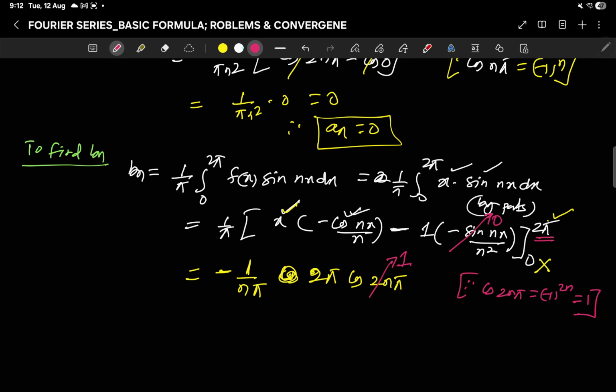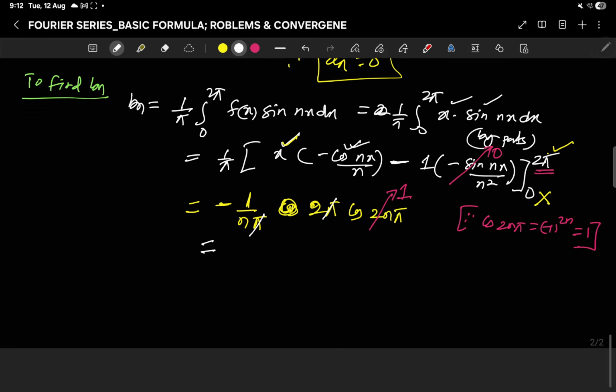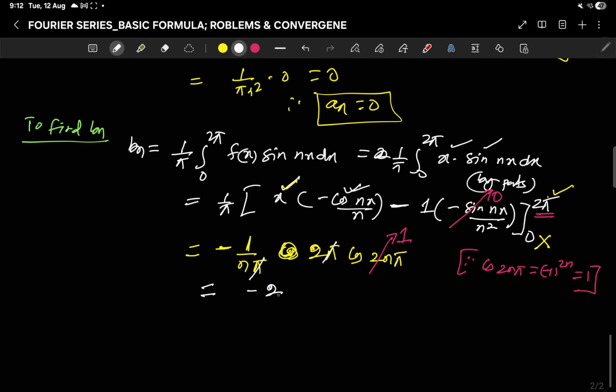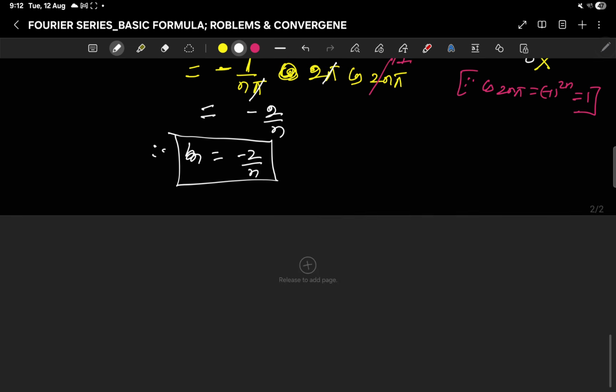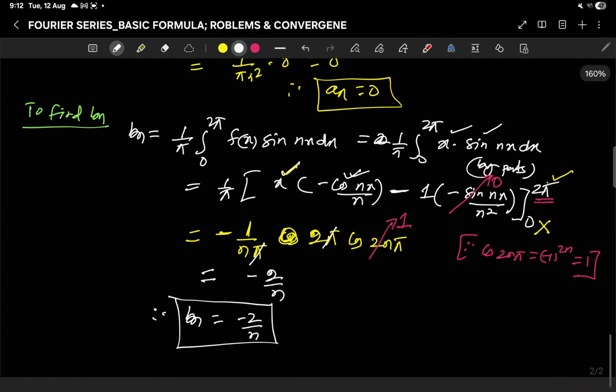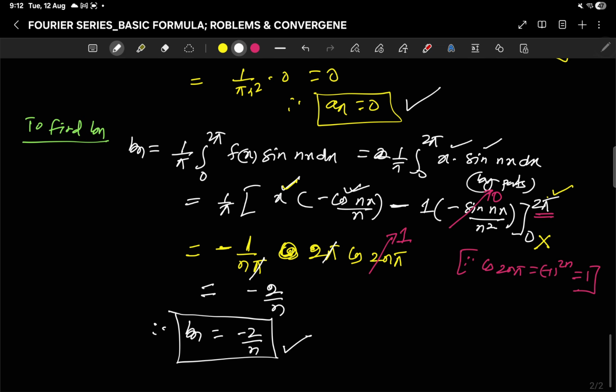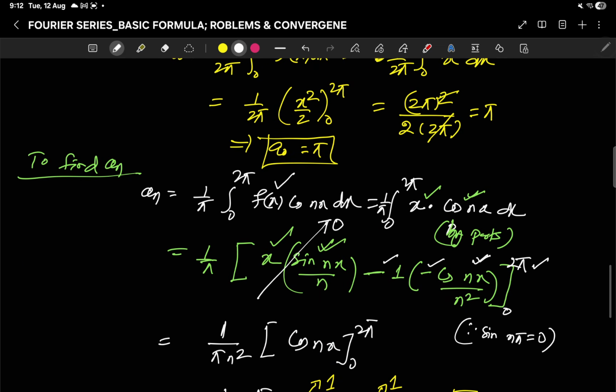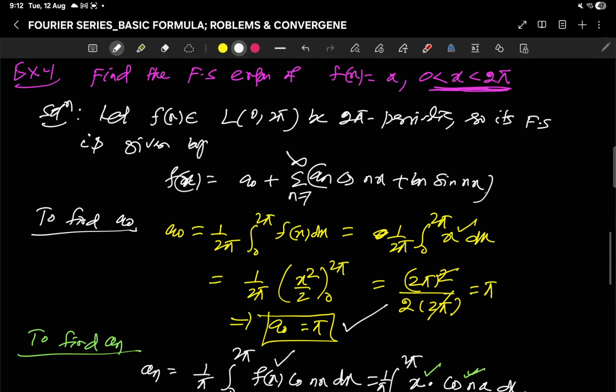Okay, so pi cancelled, it is minus 2 by n. So therefore what is your bn? Bn is minus of 2 by n, right? So what is the Fourier series then? Now you substitute the value of bn, a0 and an in equation number star. Let this be my star.